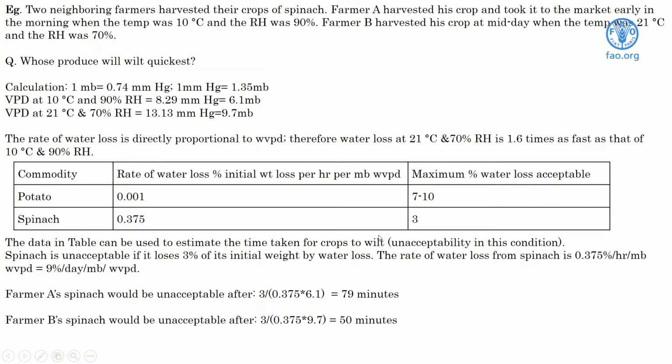You just divide 3% by its rate per hour, times the vapor pressure deficit at 10 degrees and 90%, so it needs 79 minutes. Farmer B's spinach would be unacceptable after 50 minutes. We can check it practically like this.